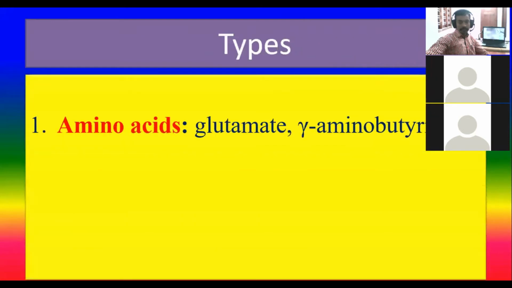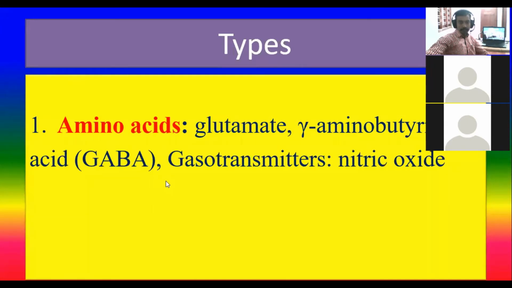Types: first, amino acids, glutamate and gamma-aminobutyric acid, which is called GABA for short.